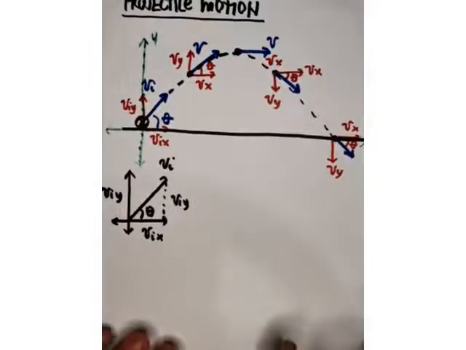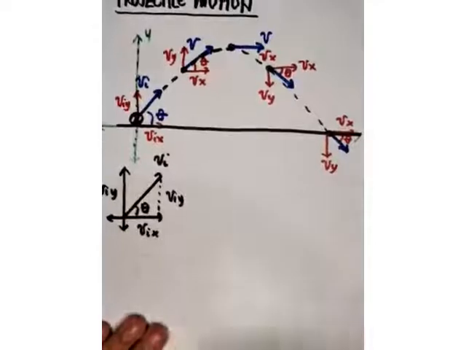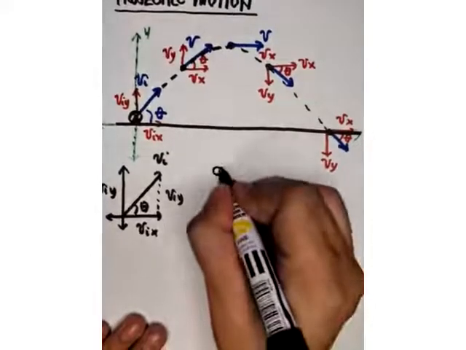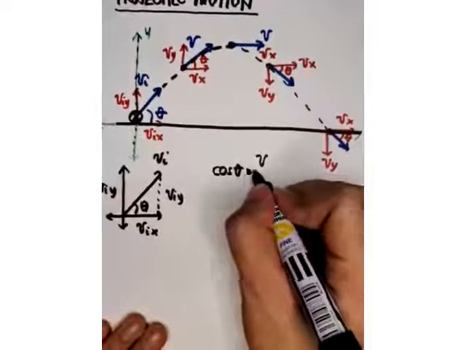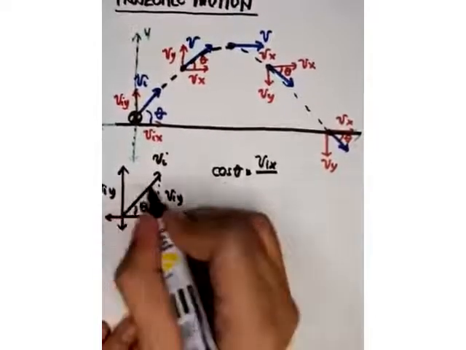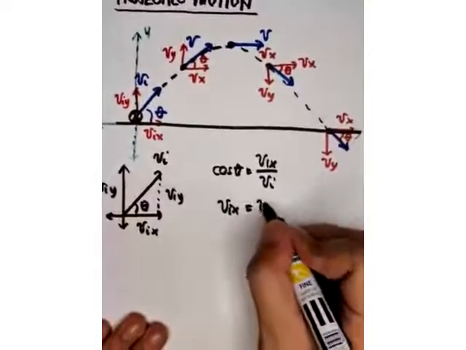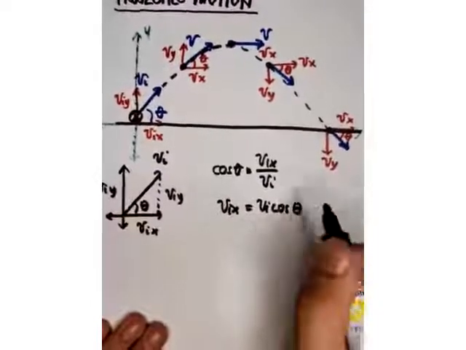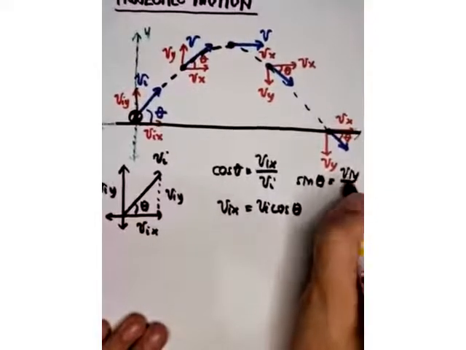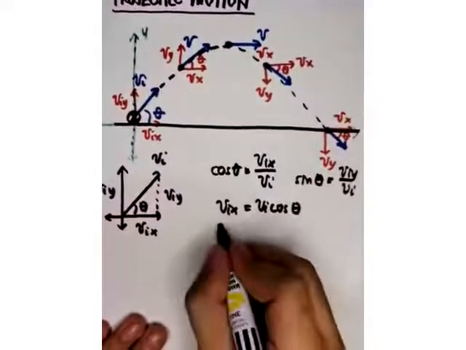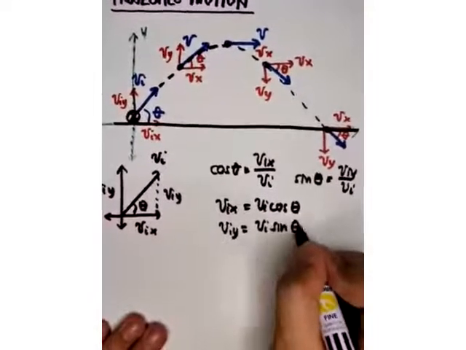By Pythagorean theorem, ang cosine theta is equal to adjacent over the hypotenuse. Therefore, VIX is equal to VI cosine theta. Pag sa sine naman, sine theta is equal to VIY over VI. Therefore, VIY is equal to VI sine theta.